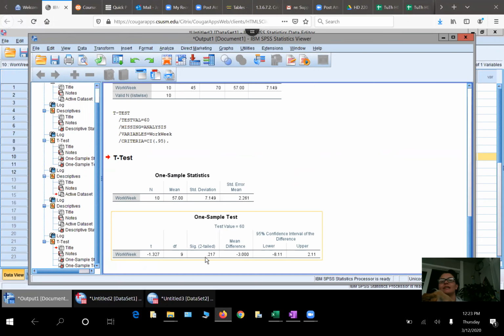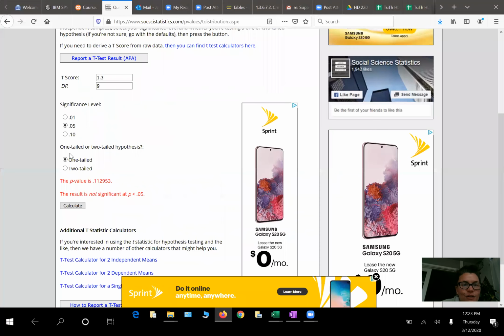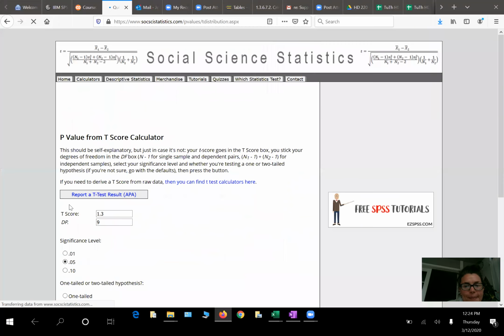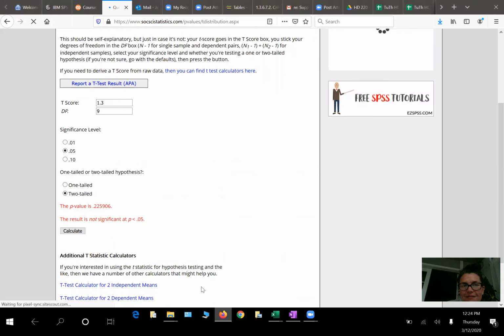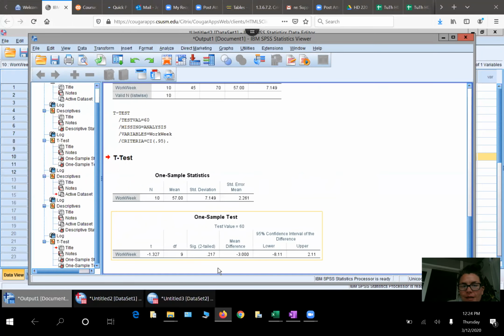The significance is the p-value, but that's at that 2-tail. So if you go back to this calculator and click on a 2-tail and calculate it, you get about 0.225, right? A little bit of rounding, but essentially you've got it.